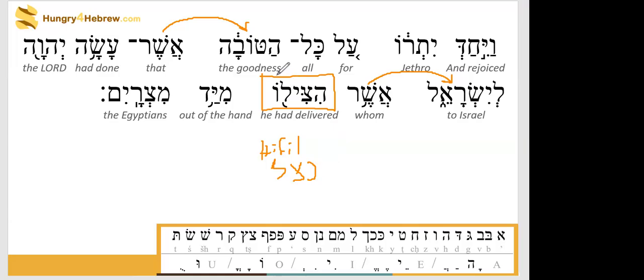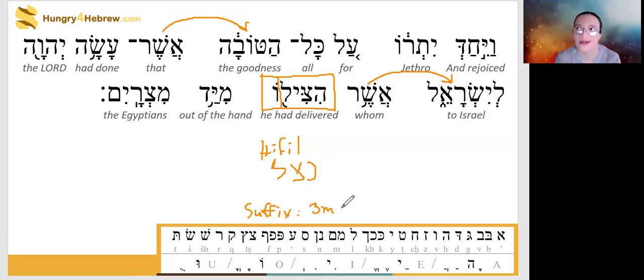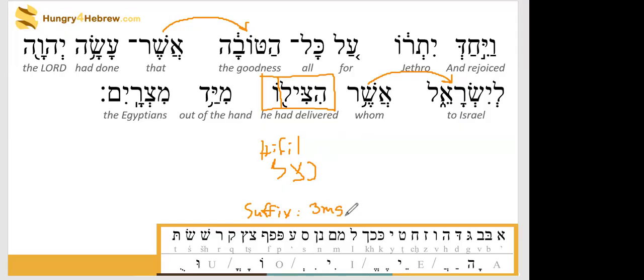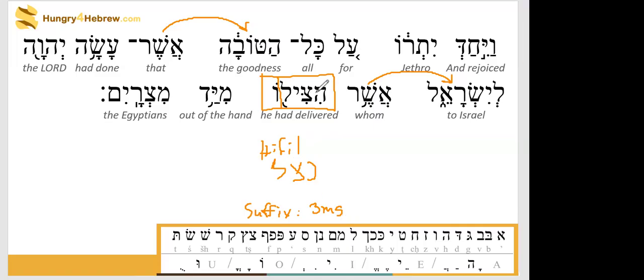There's the O suffix. Okay, so there's a suffix O, which refers to God; he had delivered them. So I'm sorry, the O is referring to 3MS. So that means our verbal form is hitzil. It's not 3MP.